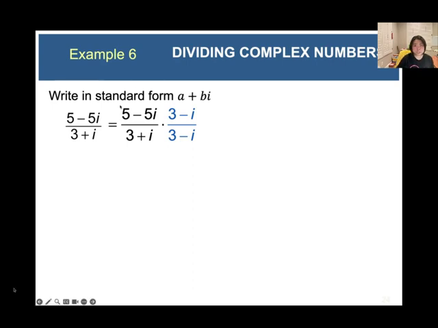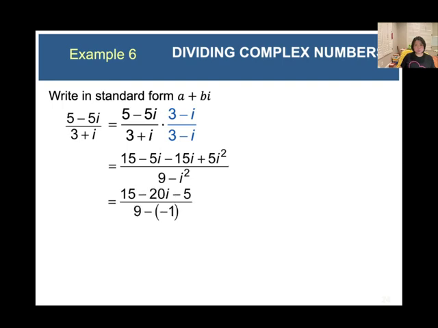On the top here, make sure you put the parentheses, okay? Because you need to use the FOIL method, distribute one by one. So you should get this. Combine the like terms.